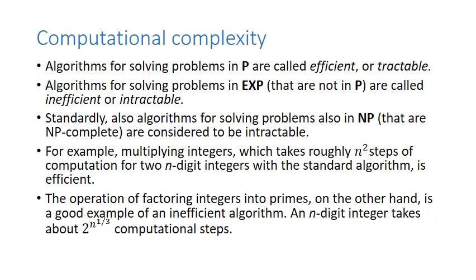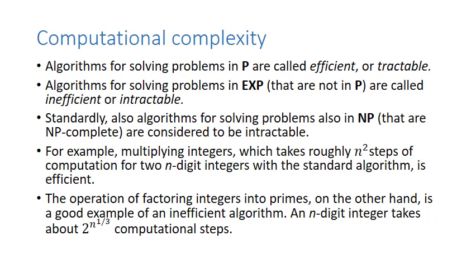Algorithms for solving problems in exp, meaning the exp-complete problems, which are in exp but not in P, are called inefficient or intractable. And standardly, algorithms for solving problems in NP are also considered to be intractable.